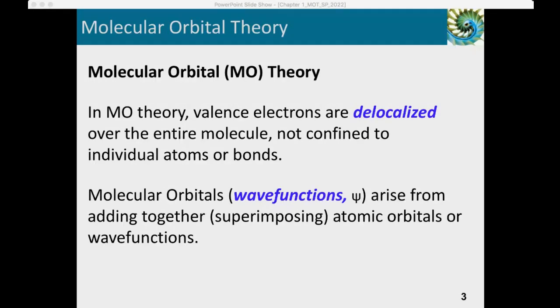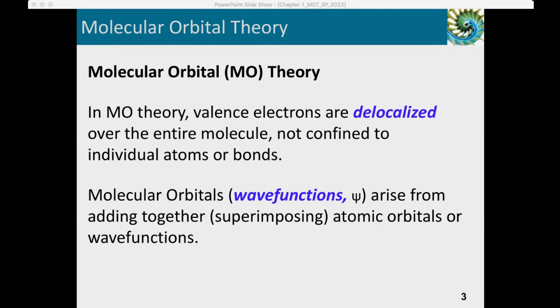Now, I started last class explaining how we can build molecular orbitals. Where are these orbitals coming from? How can we quantify them? Molecular orbitals arise from adding together atomic or hybrid orbitals. Remember how we said that electrons have wave-like properties and that orbitals are simply wave functions? We talk about finding electrons in orbitals, we talk about probability density. So what we're talking about here is wave functions.